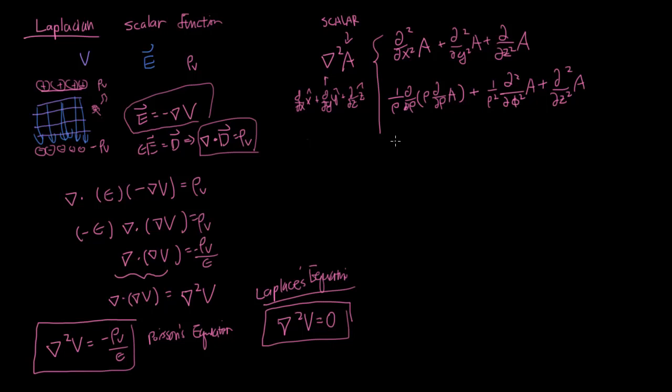And then finally for spherical coordinates, as is befitting of spherical coordinates, it's usually the most painful. So you have 1 over r squared d by dr, and you'll see some similarities with your formulas for how to do gradients and divergence in these coordinate systems.